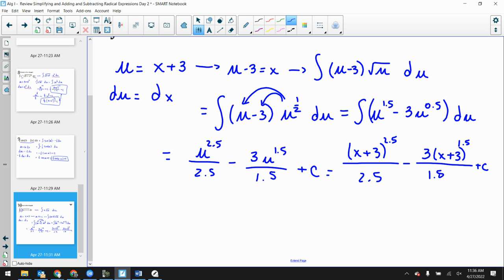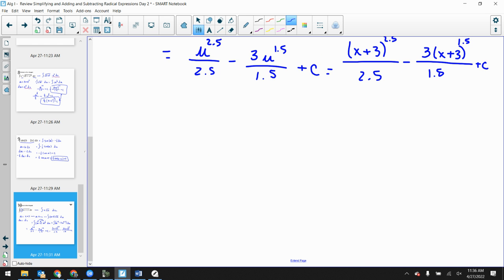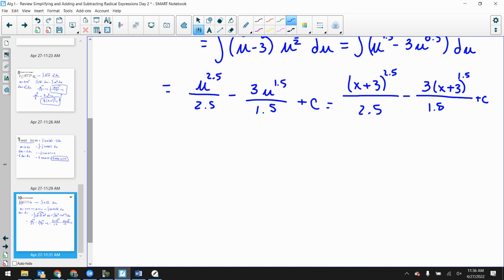Now that, I'm okay with that. There are some little housekeeping issues that we could take care of. This 3 divided by 1.5, remember, is 2. So we could do this as x plus 3 to the 2.5 over 2.5 minus 2 x plus 3 to the 1.5.